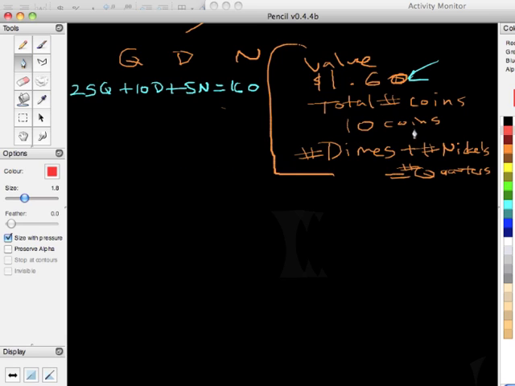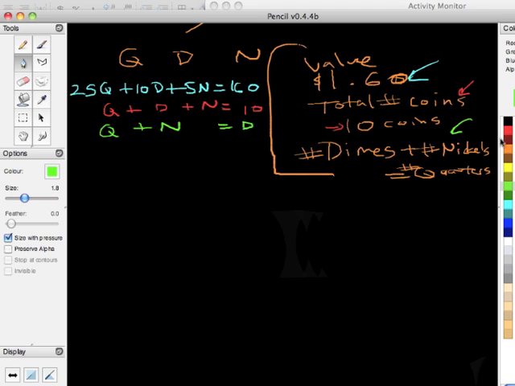And the total number of coins being 10 just says Q plus D plus N is equal to 10. And then we know the number of dimes plus the number of nickels equals the number of quarters. Let's do that one in green. So we know that Q plus N equals D.